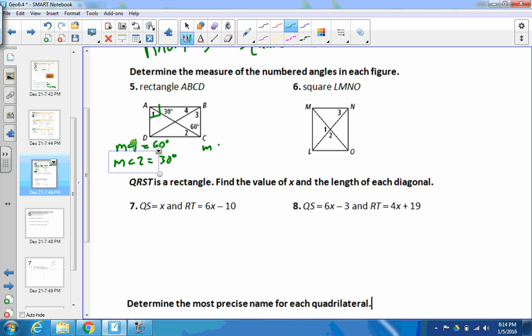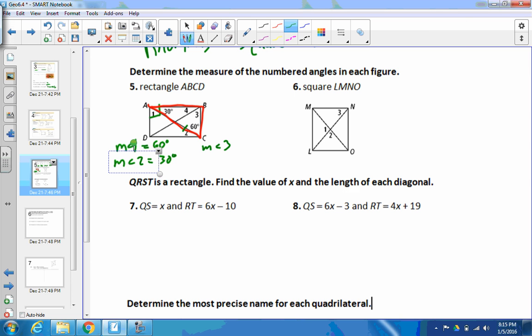Measure of angle 3, I'm going to look at this upper right triangle. We're also going to look at the fact that we have a rectangle, which means that the diagonals are congruent and they bisect each other as well, because it's a parallelogram.